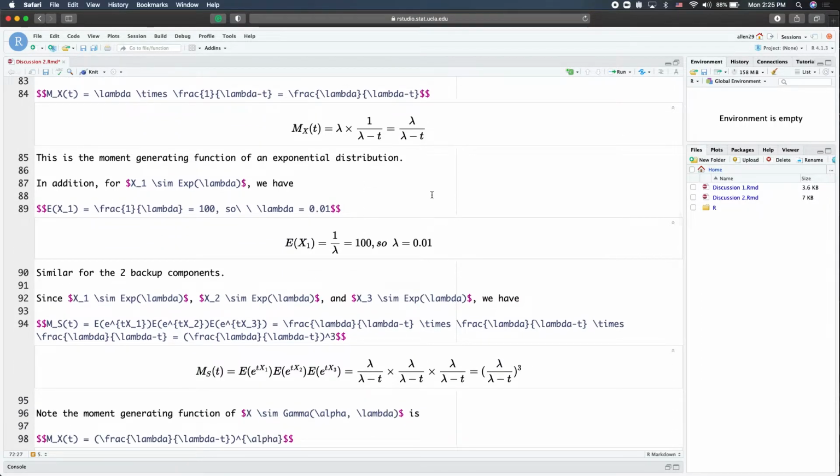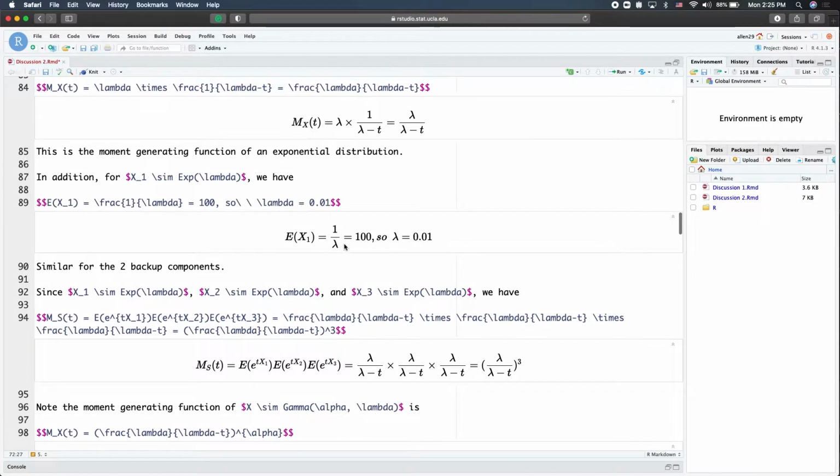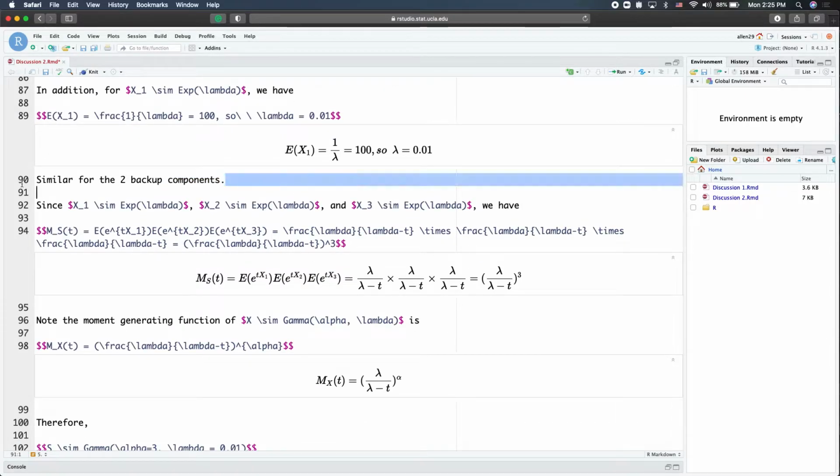And then, we also know that the average for each component is 100. The expectation of the exponential distribution is 1 over lambda, so we know that lambda is just 0.01, and similarly for the other two, x2 and x3.